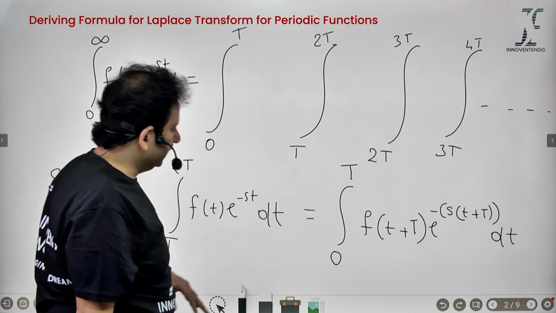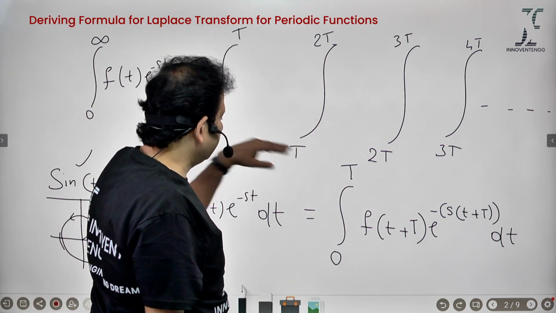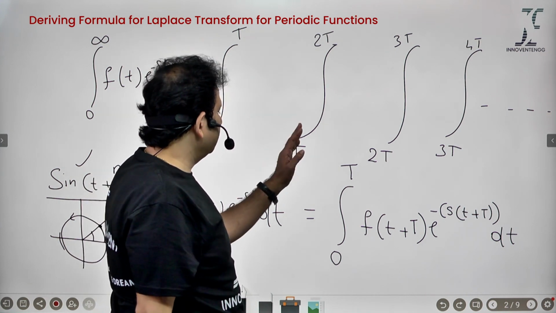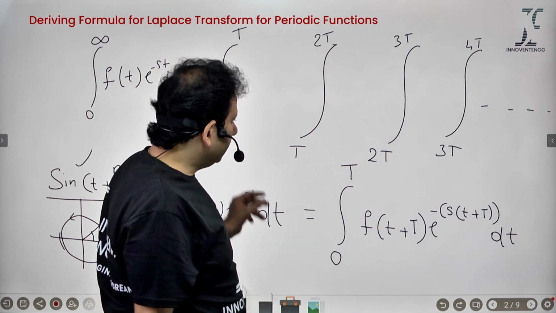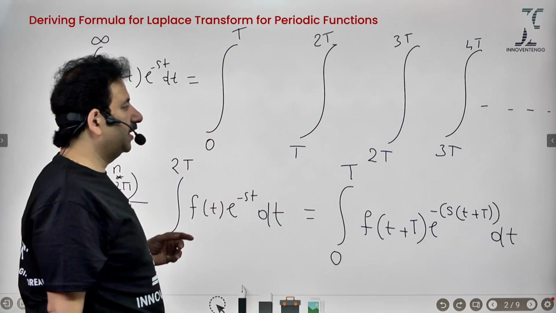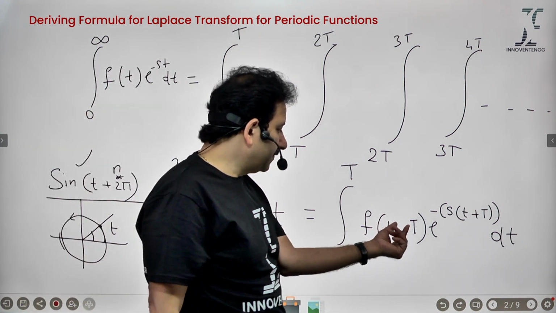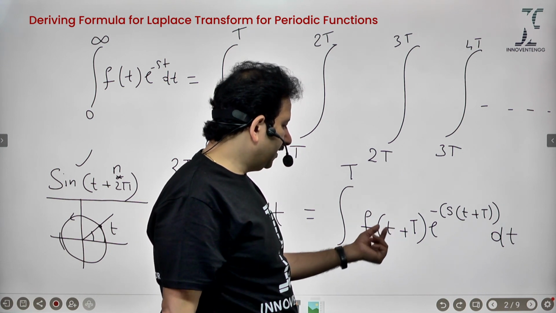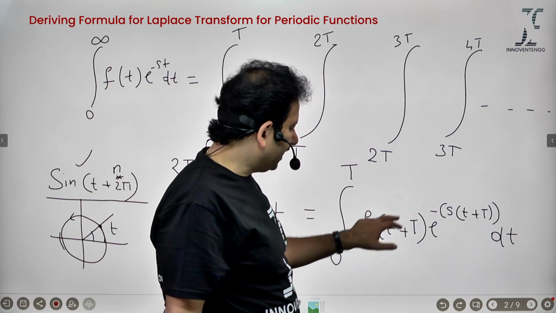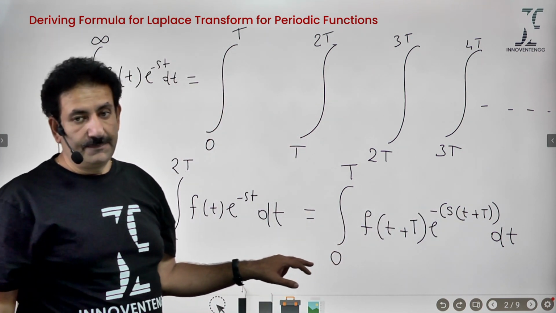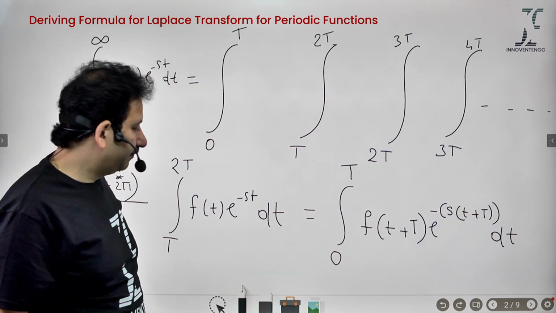When you shift left, it is from 0 to T, because you are shifting exactly by one period. That means the lower limit becomes 0, the upper limit becomes T. And in order to do the left shifting, you will have to add one period to the independent variable small t for all the terms involved, the exponential as well as the periodic function that you are talking about here.